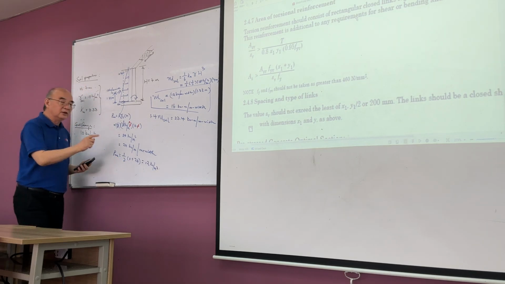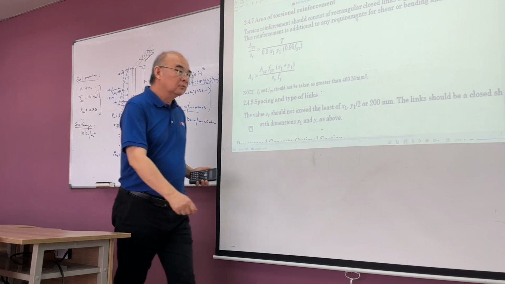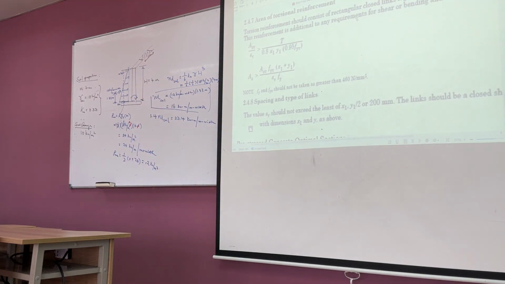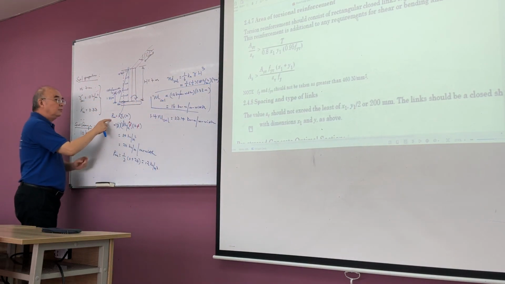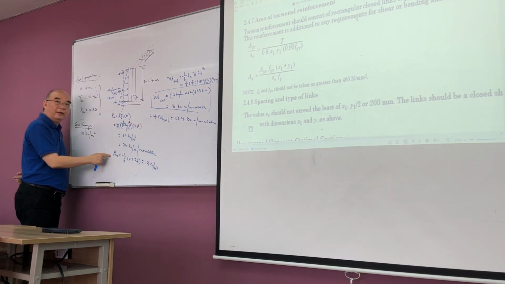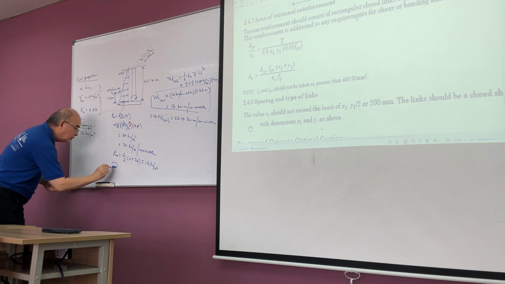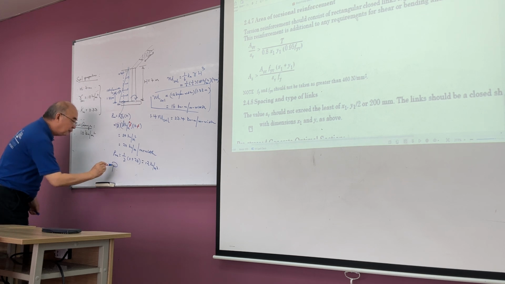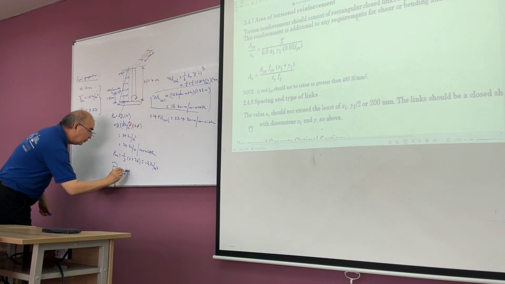So the force is, I have to multiply by another H. This is the maximum stress. This is the average stress. Now I need to do the force. The force is the average stress multiplied by H.